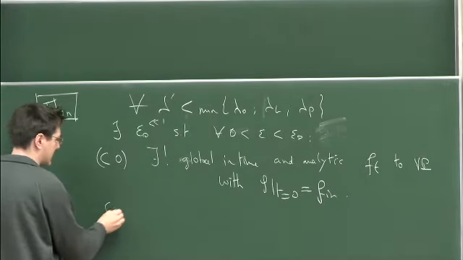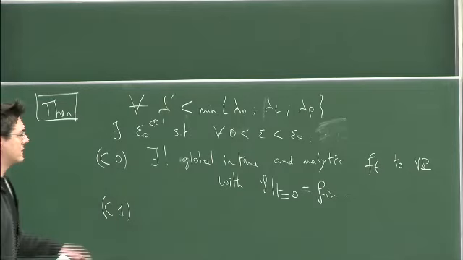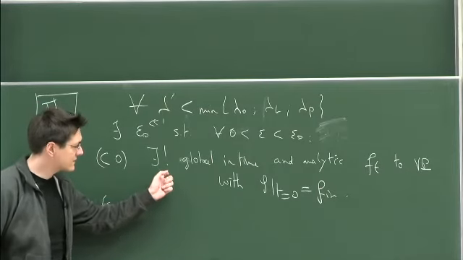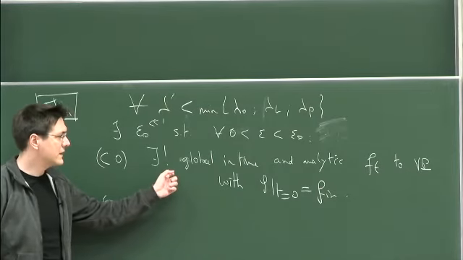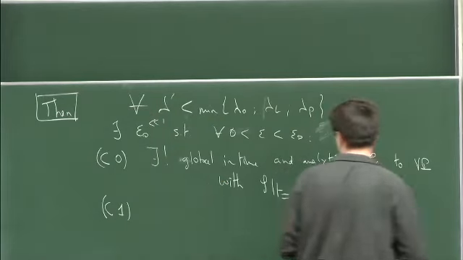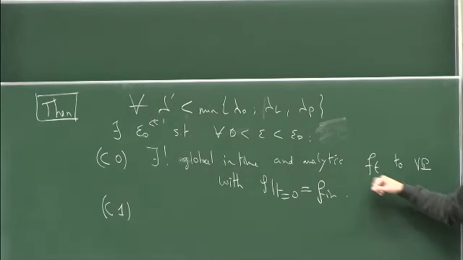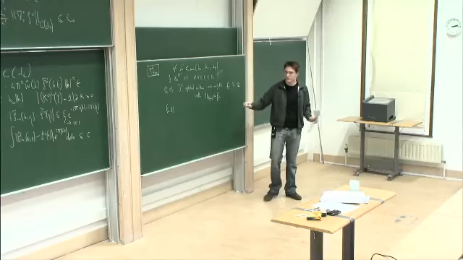This first conclusion is not trivial in itself. I emphasize that here I don't say that the analytic bounds are global in time. I just claim that I have a global in time solution.